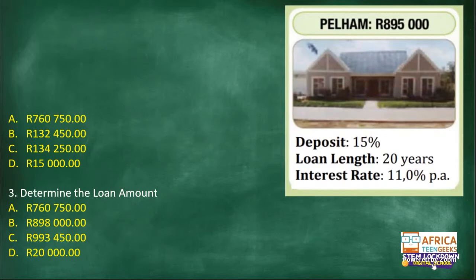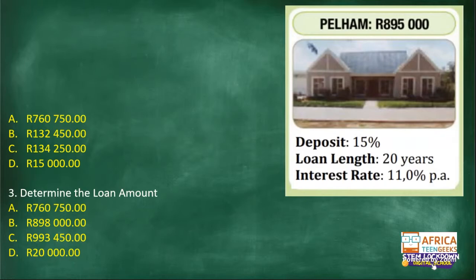So the other money or the remaining funds have to be financed. That is the loan that we take to the bank. Now subtract that amount of the 15%, which is the deposit. We need to separate that from the original amount.